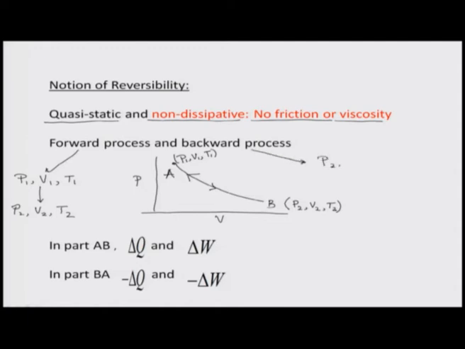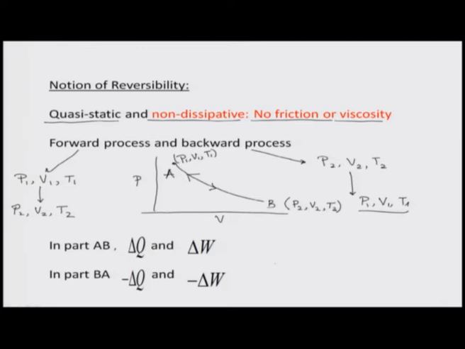I am going from P2 V2 T2 to P1 V1 and T1. A reversible process means these forward and backward processes are completely equivalent.